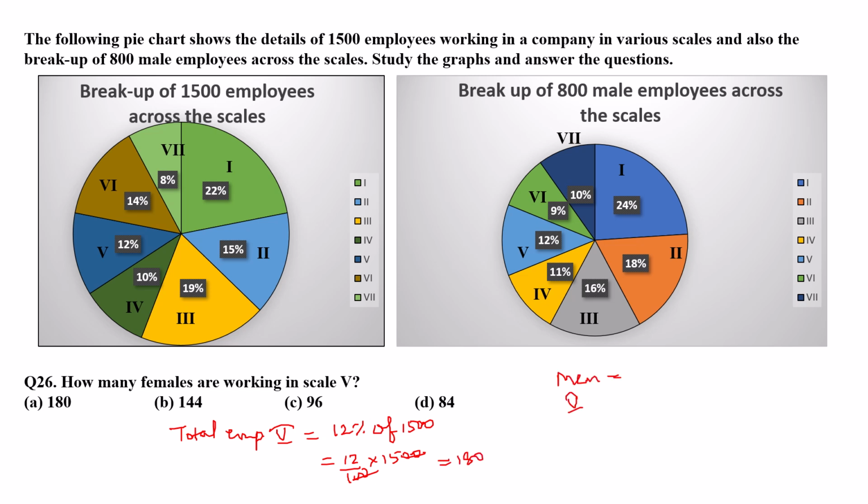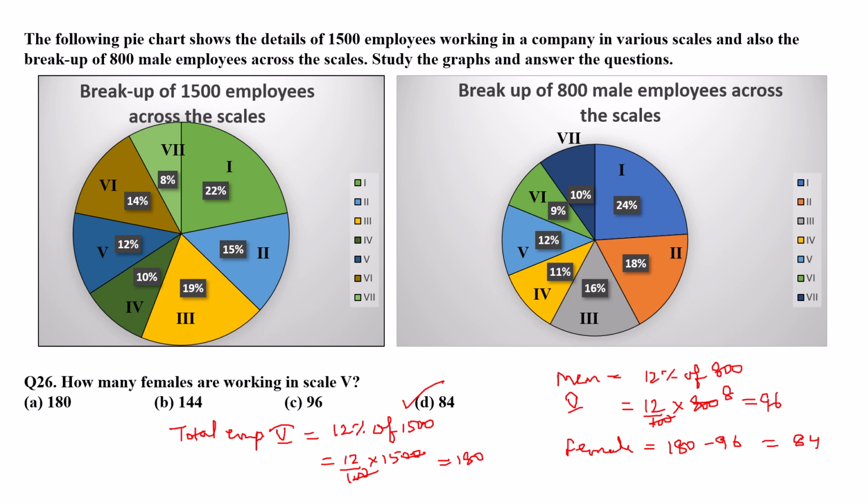Male employees in scale 5 is 12% of 800, which is 12 by 100 into 800. So 100 times 8, you will get 96. So female employees will be 180 minus 96, which is 84. So the answer is option D.